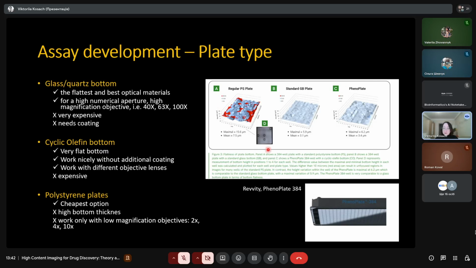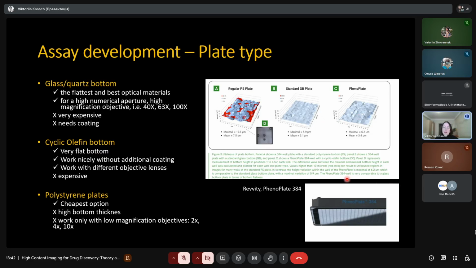Here you can see the flatness of the bottom of different plates. This is the regular polystyrene plate. You can see that there is very high variance in bottom thickness, while in glass bottom plates and cyclic olefin bottom plates, the variability of bottom thickness is much less.